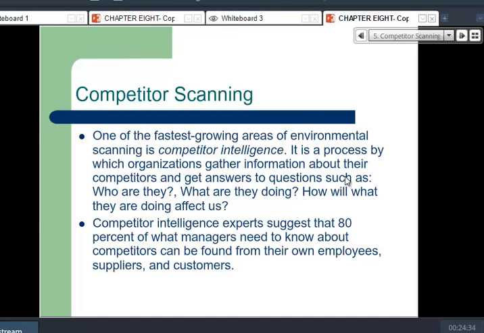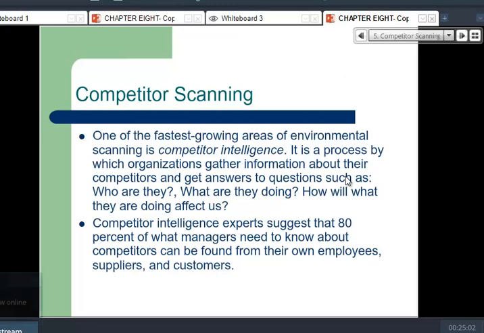Competitor scanning. One of the most extensive, significant and essential forms of environmental scanning for you as a manager is to scan and discover your external competitors. One of the fastest growing areas of environmental scanning is competitor intelligence.